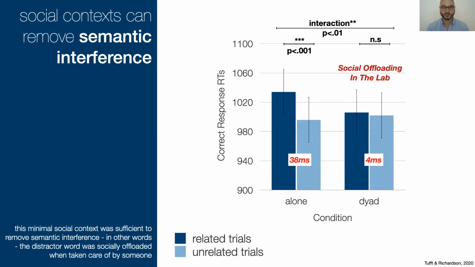They're 38 milliseconds slower on the related trials versus the unrelated trials. But when working together with someone else and you simply tell them that the other person is doing something on the word, that interference effect is removed. We were very excited about this result, and we framed it as social offloading, which is the offloading of interference to another person.